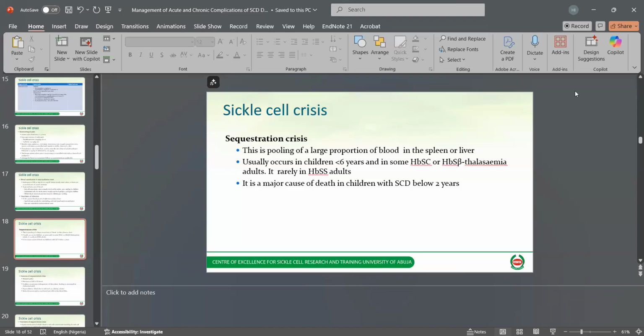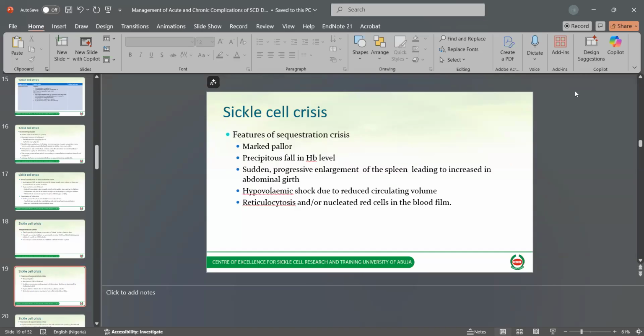We can also have sequestration in the liver too, hepatic sequestration. So we should note that. Features of sequestration crisis include marked pallor, precipitous fall in the hemoglobin level, a very sudden drop in the PCV or hemoglobin level.